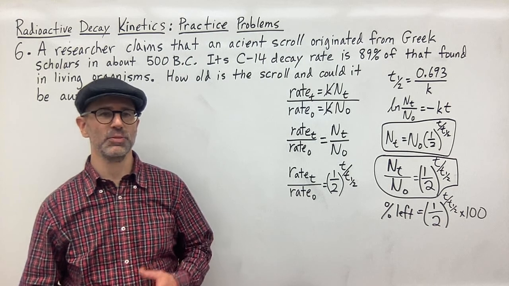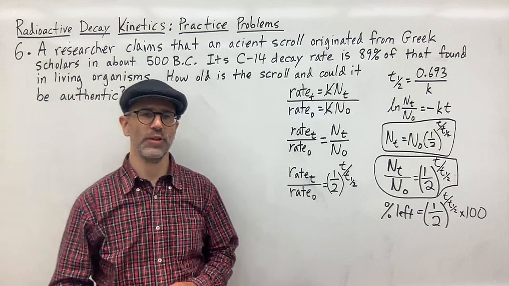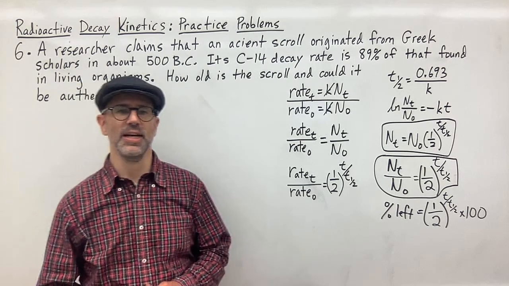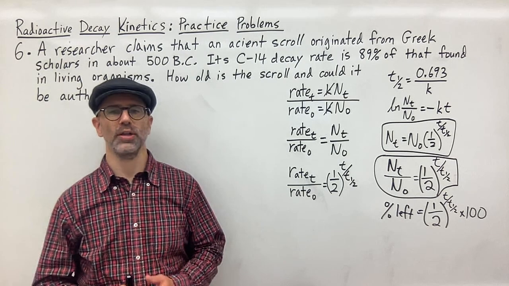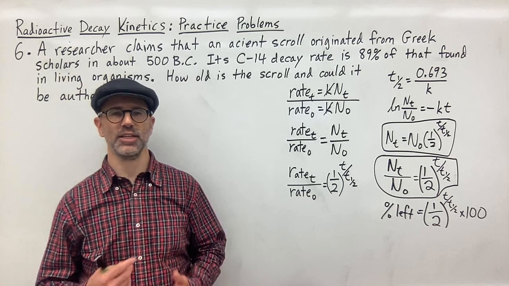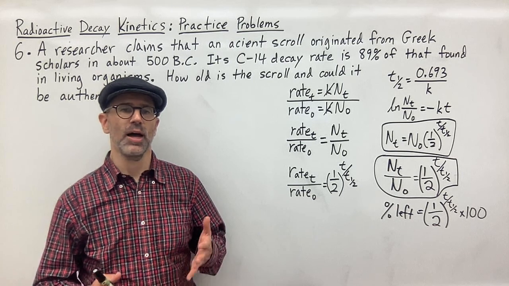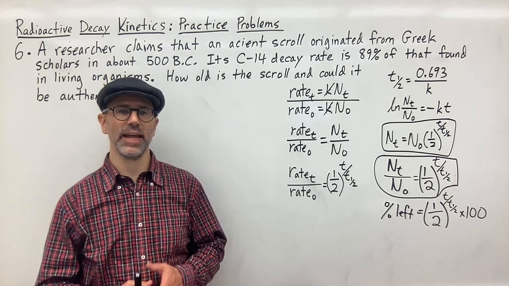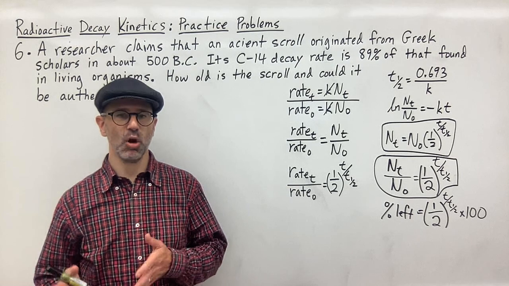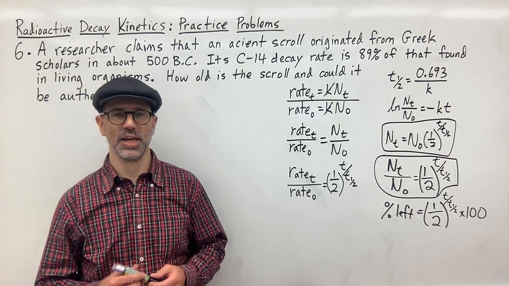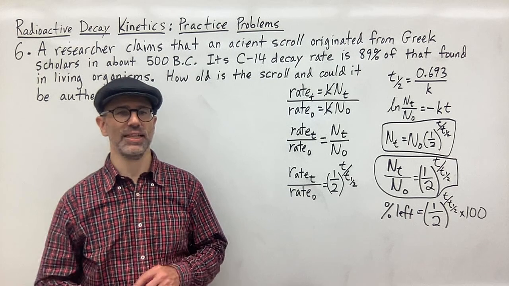So here in this problem, we're told that a researcher claims that an ancient scroll that originated from Greek scholars in about 500 BC. We're told that the C14 decay rate of the scroll is only 89% of that found in living organisms.